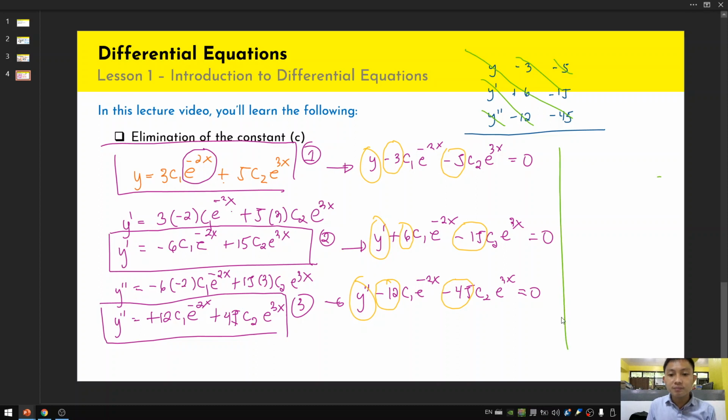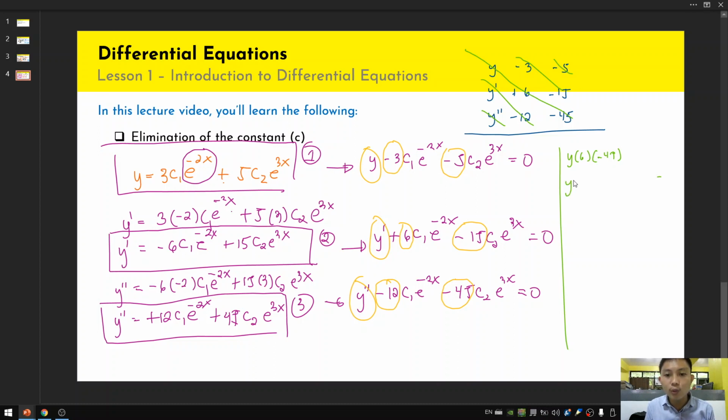So it becomes y times 6 minus 45. Okay, so it's going to be y multiplied by 6 multiplied by negative 45. Okay, next is this one followed by this one.